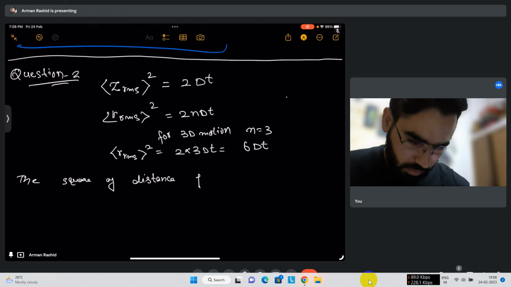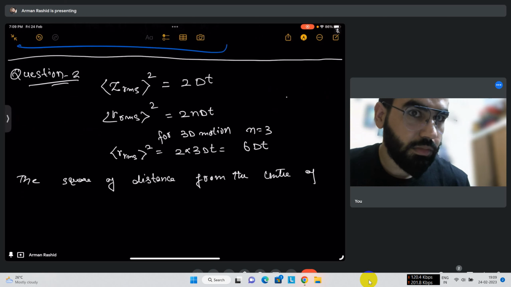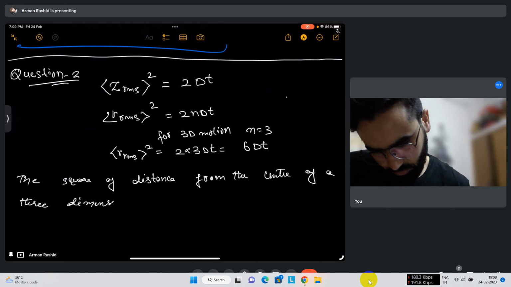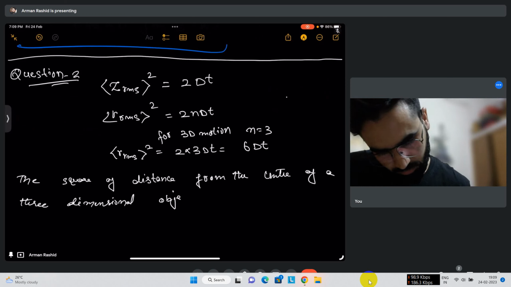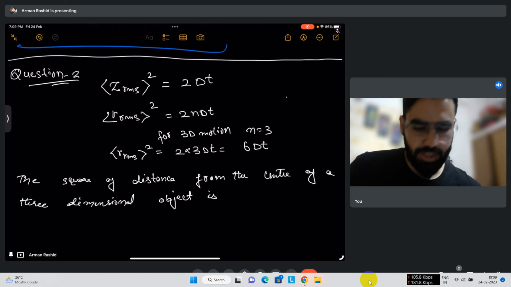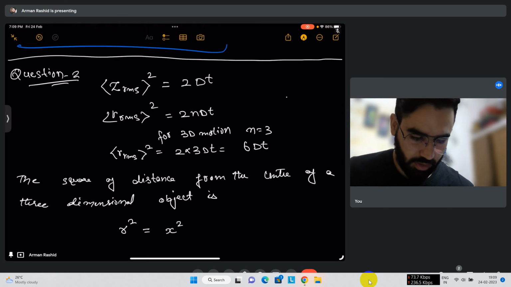square of distance. Okay, if we have a three-dimensional object, we know that r square will be given by x square plus y square plus z square, right?